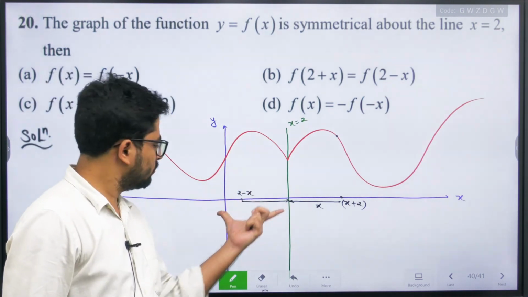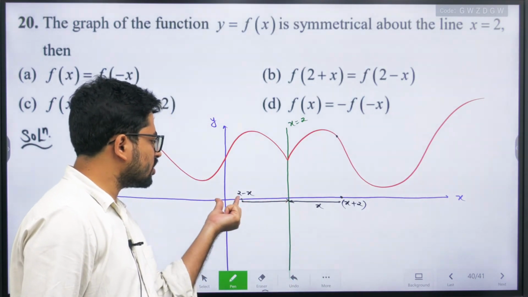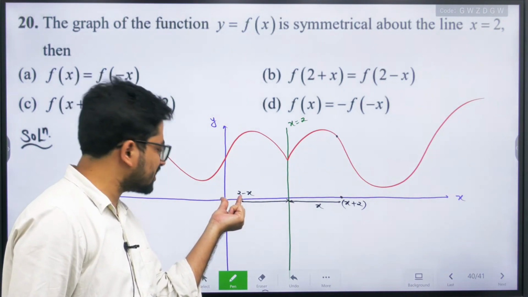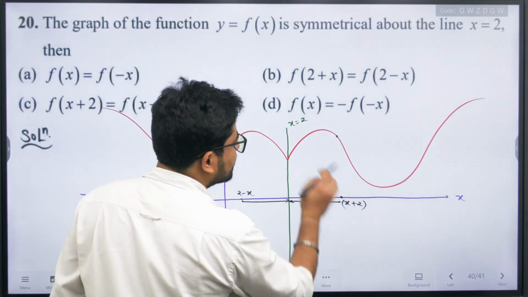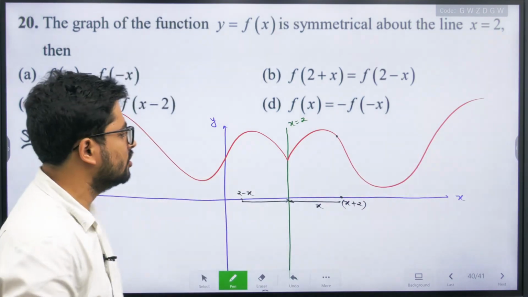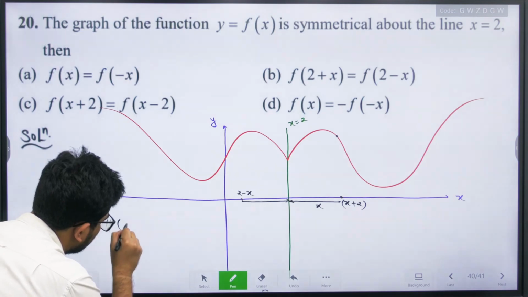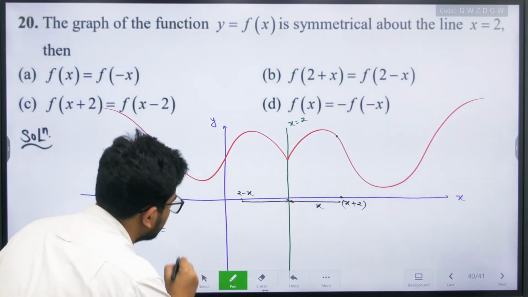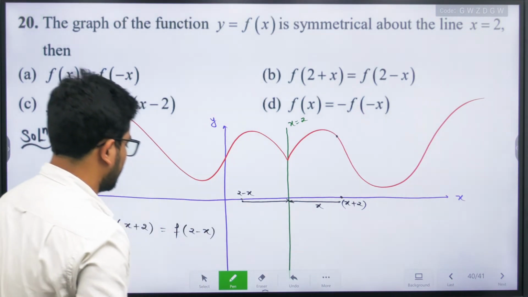This distance is 2, this is x, so the remaining is 2 minus x. At that point, the value of the function is the same because the function is symmetric with respect to x equal to 2. So the value of the function at x plus 2 is the same as at 2 minus x.